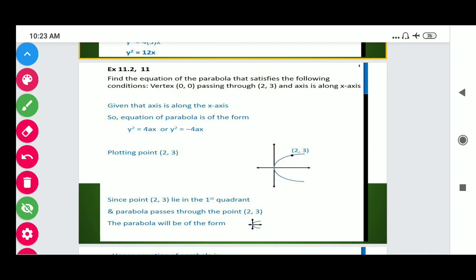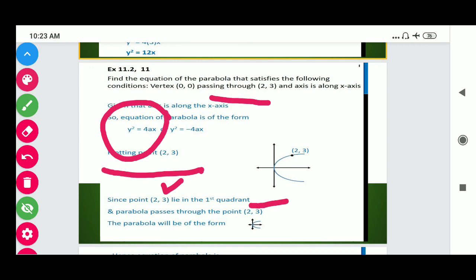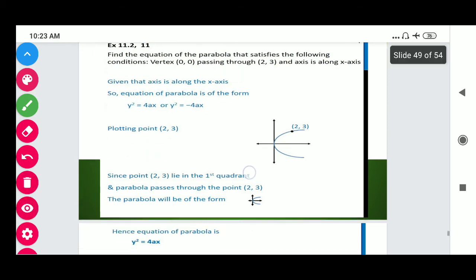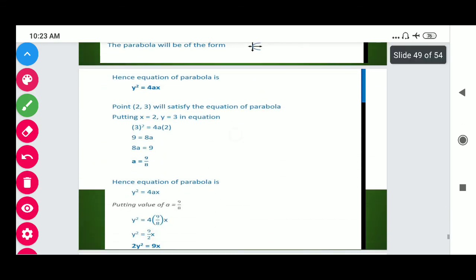The equation of the parabola is of the form y square equals 4ax or y square equals minus 4ax. So plotting the point (2, 3), since the point lies in the first quadrant and the parabola passes through this point, the equation must be y square equals 4ax.